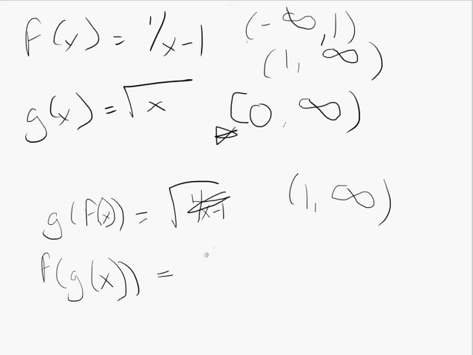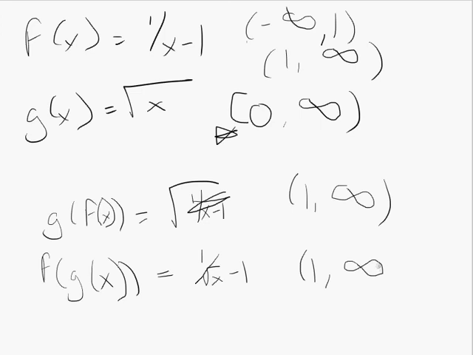Okay, that's why I was confused, because I said that if it was 1 over x minus 1, then nothing would work, because if it's 0, you can't do 1 over 0. Even if x is a negative number, like negative 1/2... We need 1 over x to be bigger than 1, which would mean x could be a fraction.